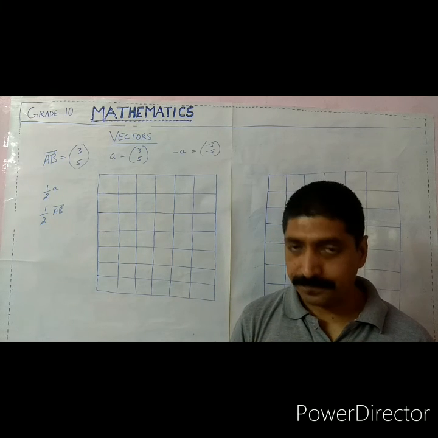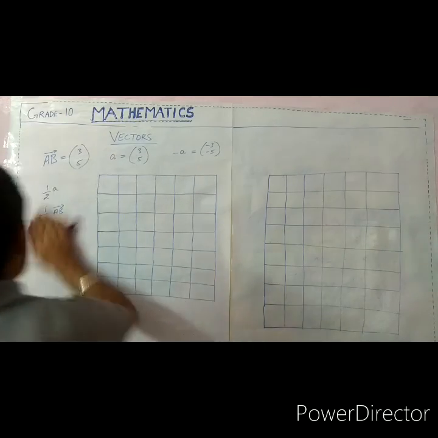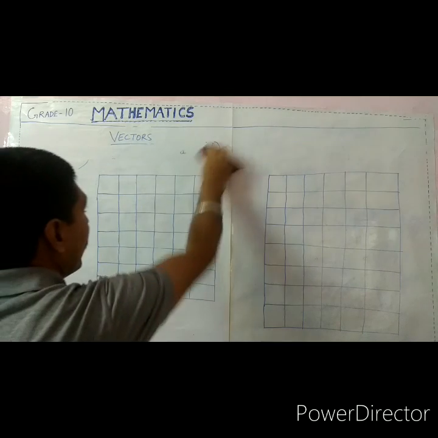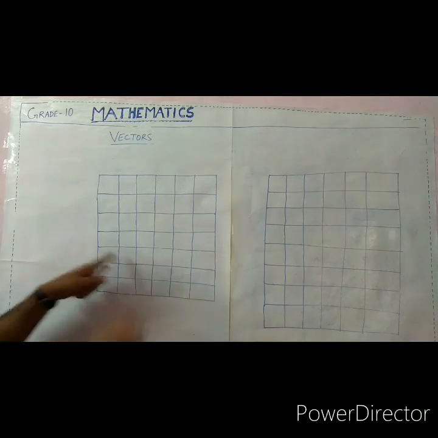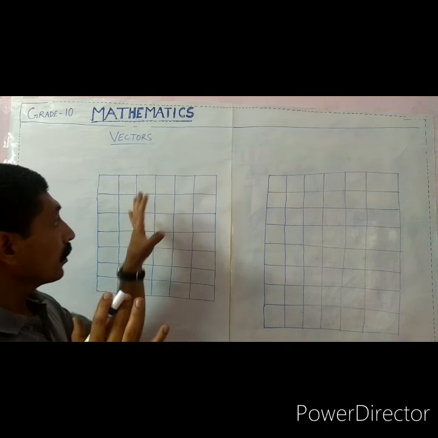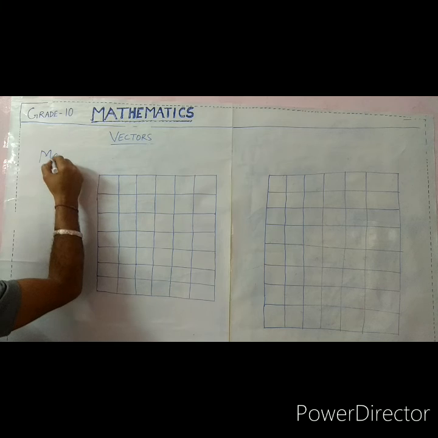So today we will start with the topic, magnitude of the vector. Here I have a square grid to represent the magnitude of a vector.